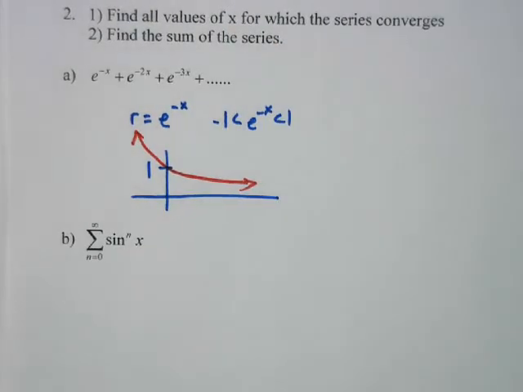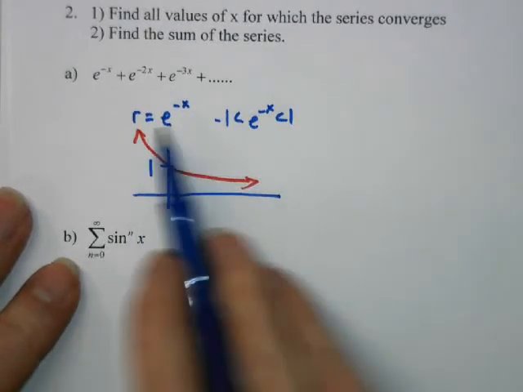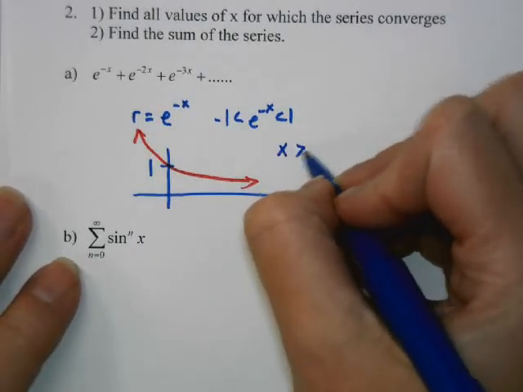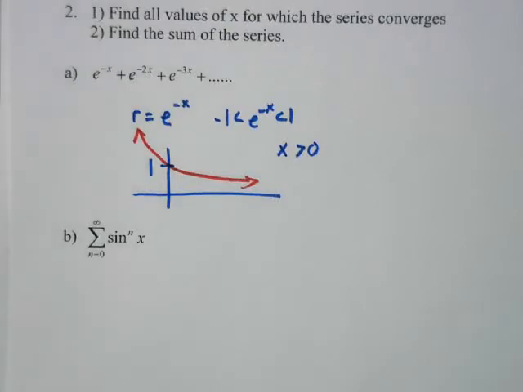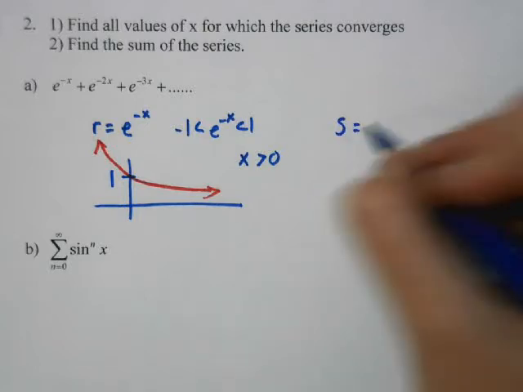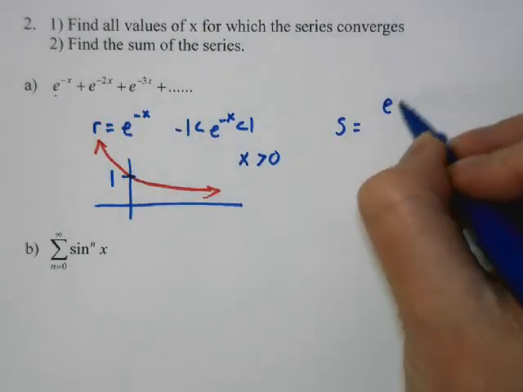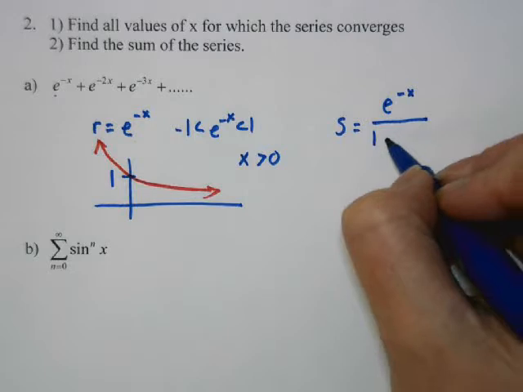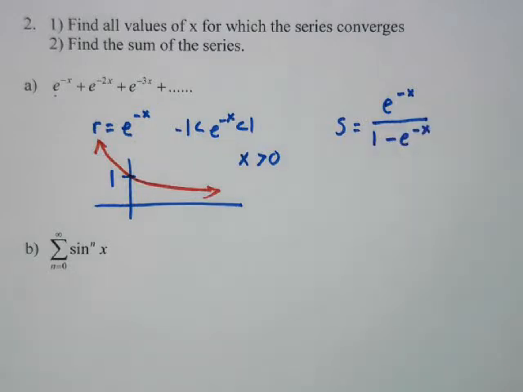So it's never going to be negative, but it's going to be less than 1 for just this part of the graph. So we're going to say when x is greater than 0, then my common ratio is between -1 and 1. My sum then is going to be a1, which is e to the negative x, over 1 minus e to the negative x.